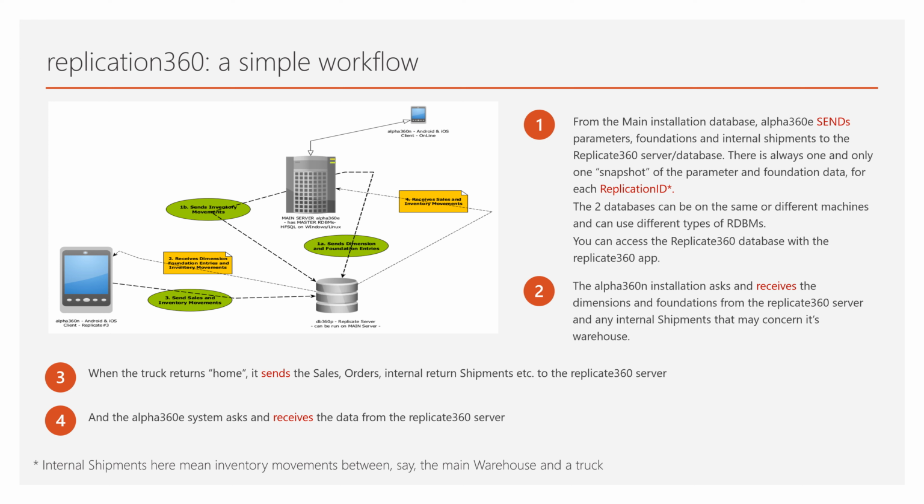The main installation database has a replicate sec equal to 1, and from then on the other autonomous installations have replicate sec equal to 2, 3, 4, etc.